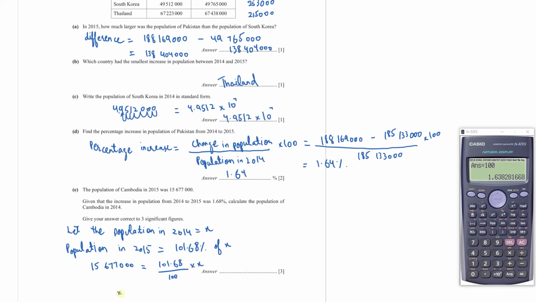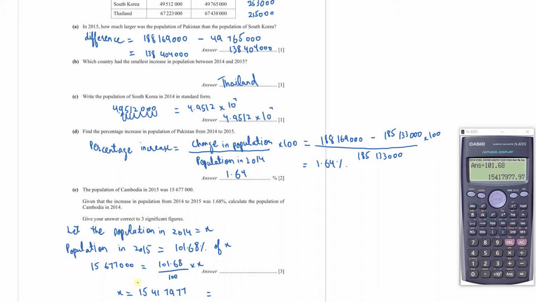So then from this I will get X equals 15,677,000 multiplied by 100 and then divided by 101.68. So this is 15,417,97something, and then I have to write it up to 3 significant figures.